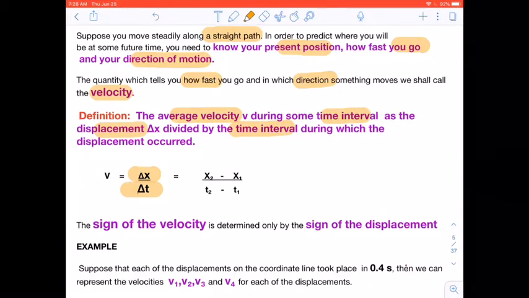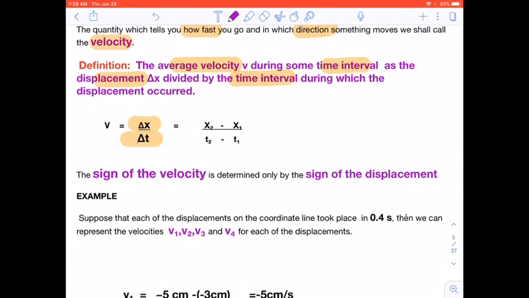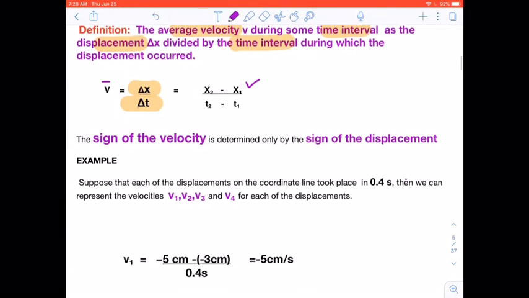So we can say that the average velocity, normally with a bar on it, is equal to change in x upon change in t. Here your change in x is x2 minus x1, or xf minus xi. Now the sign of the velocity is determined by the sign of the displacement.